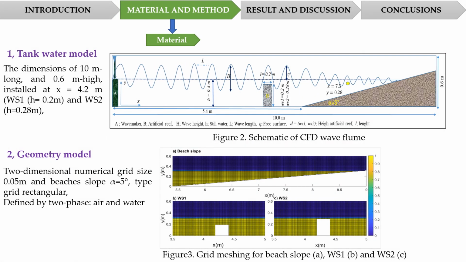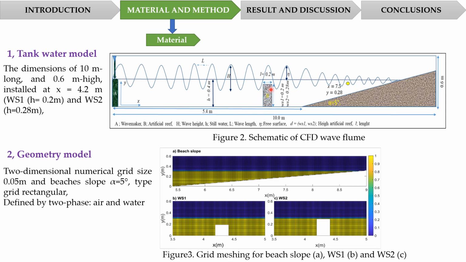Material and methods. The first material is the number one tank water model. Figure 2 shows the schematic of the CFD wave flume. This figure shows the dimensions of 10 meters long and 0.6 meter high. A is the wavemaker and B is the structure.